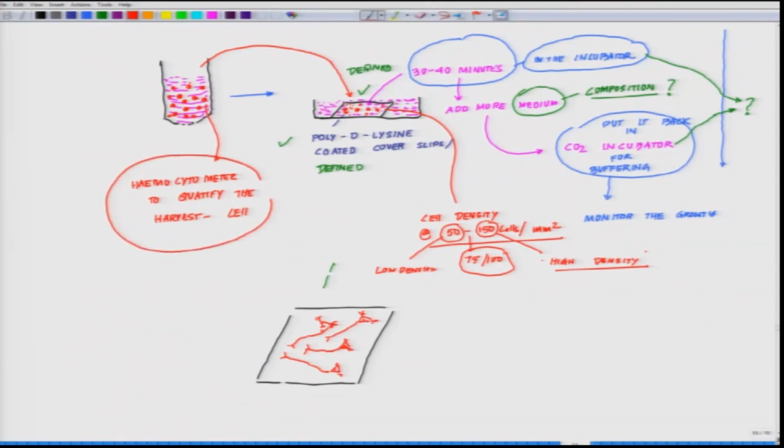Once you have quantified the harvest, you know how many cells per ml of medium you have. Now, if you know this many cells are there per ml of medium and you want a certain specific number of cells to be plated in a certain area, what you have to do, say for example, let us take a practical situation. So, say there are 10,000 cells per ml.